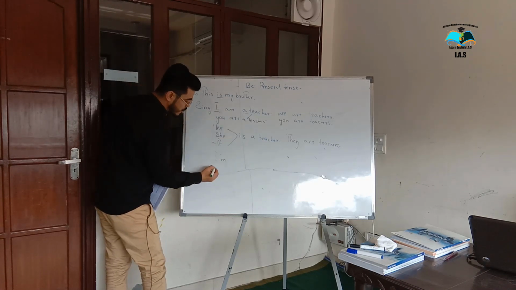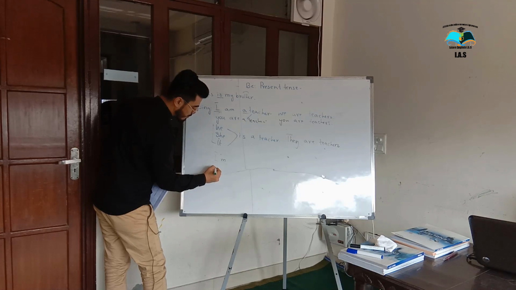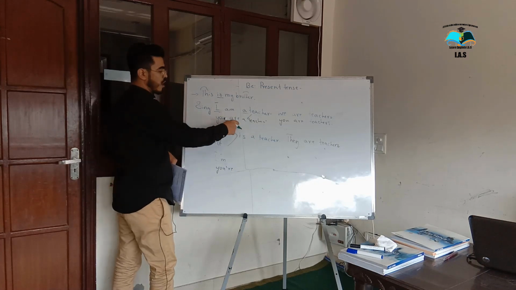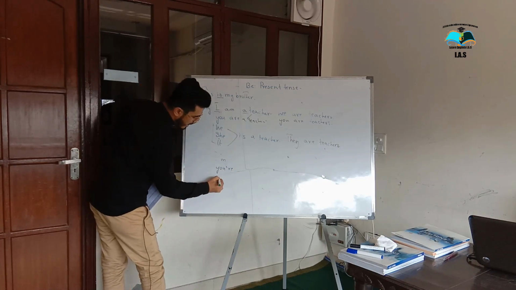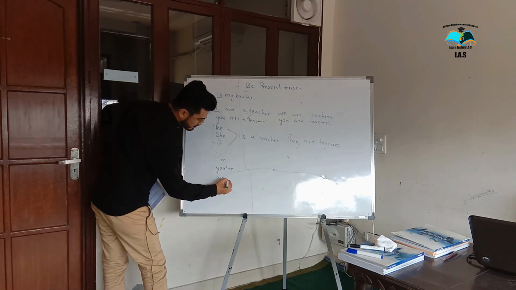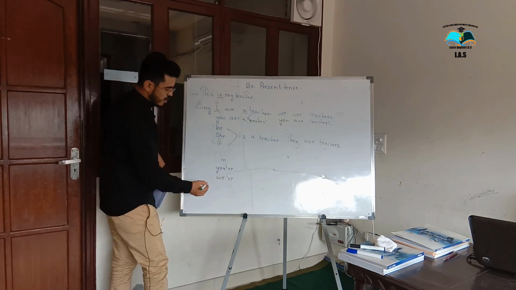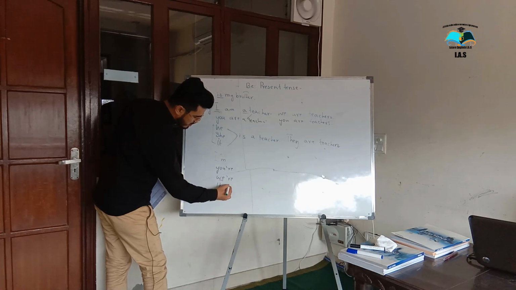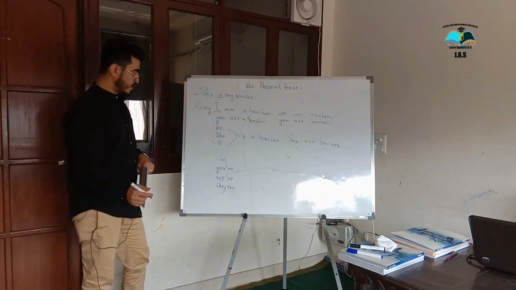And what is the short form of you are? You're. And we are, we're, and they are, they're. These are the short forms.